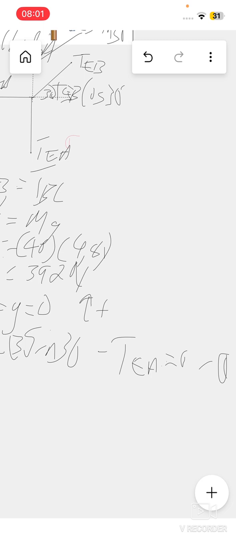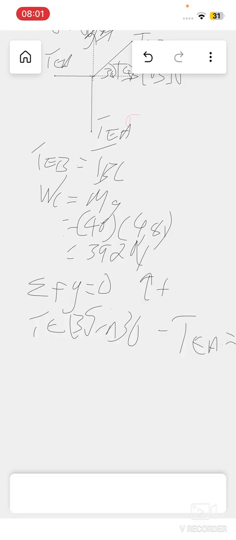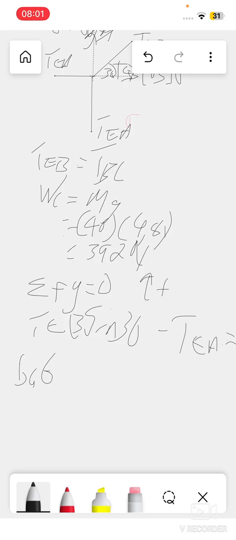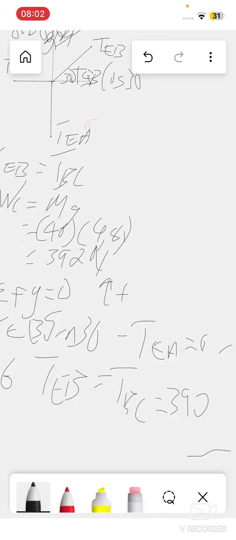We calculated the tension on BC, so TEB is equal to TBC, which is equal to 392 Newton.